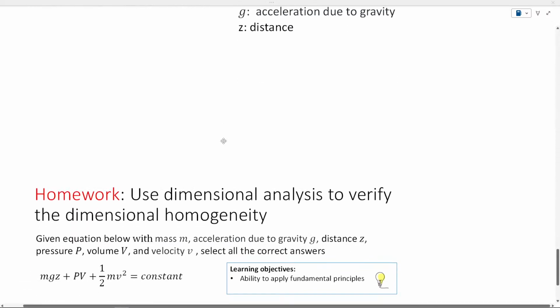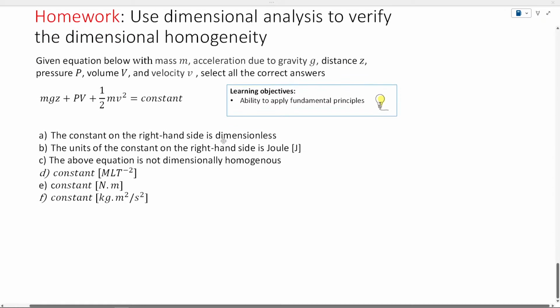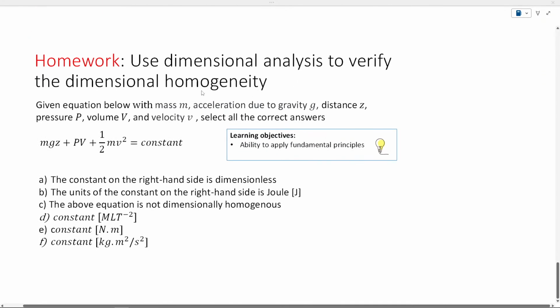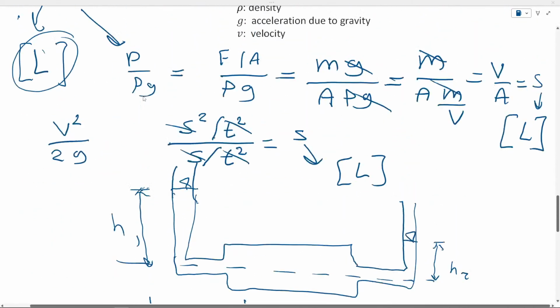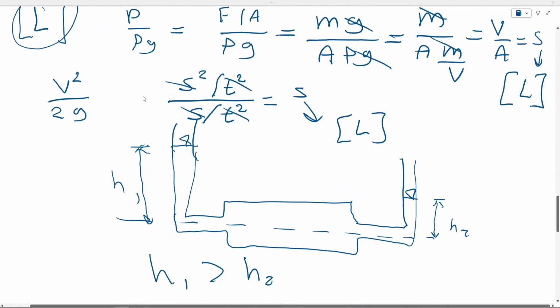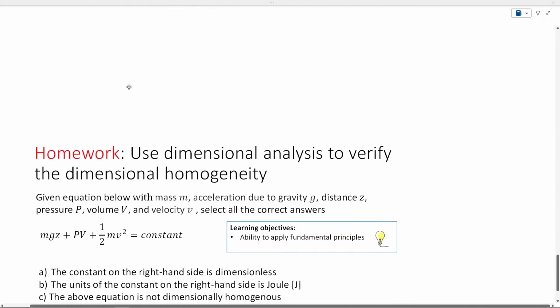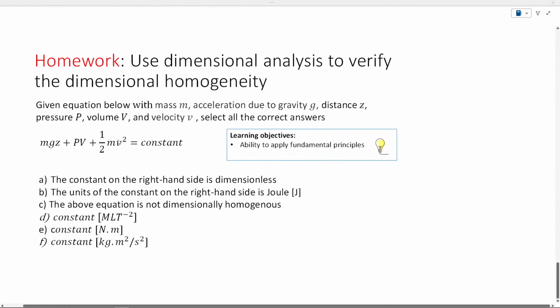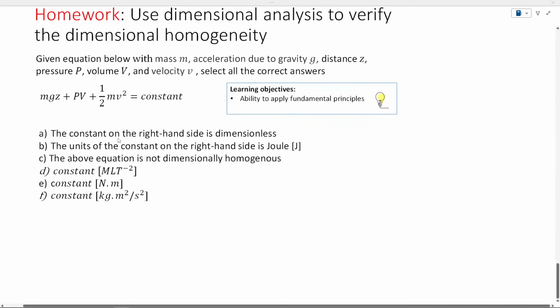Once you do this, you are ready for your homework problem. Use dimensional analysis to verify the dimensional homogeneity of this equation, and I'm asking some questions to see if you understand the concepts we covered in this lesson and the previous lesson. If you can solve this practice problem, you should be able to solve the homework problem, and you will find something similar in the exam.